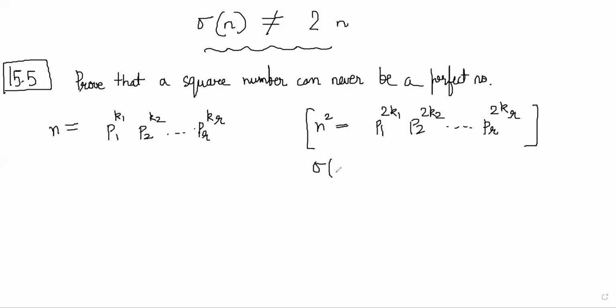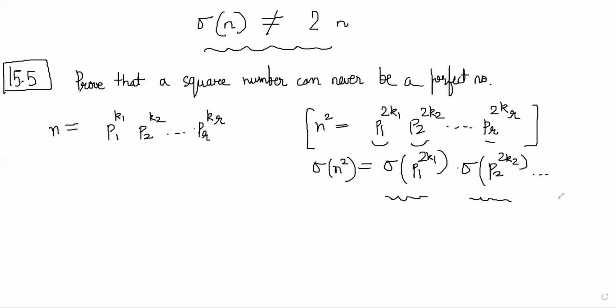So sigma of n square will be, none of these have common factors, so we can just write the product of p1 2k1 multiplied by p2 2k2, right? None of these have common factors, that's why we can split it as different products, right? So let's calculate each of these.